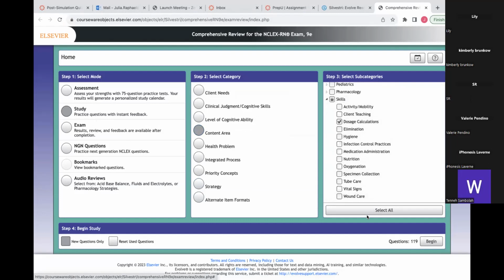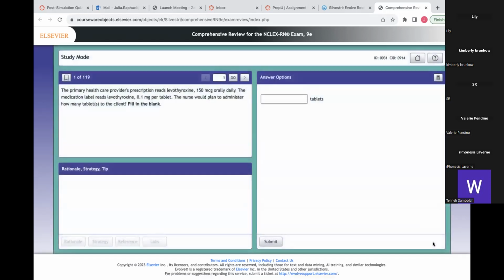Now hit begin. There you go. The only thing is over there on the left is a box that says new questions only. So once you use some of the questions, if you don't remove that dot, it will only show you the new questions. So you have to take that off if you want to go back and work on other questions. Okay.